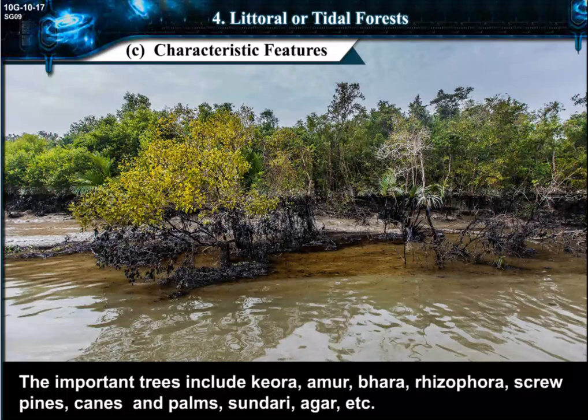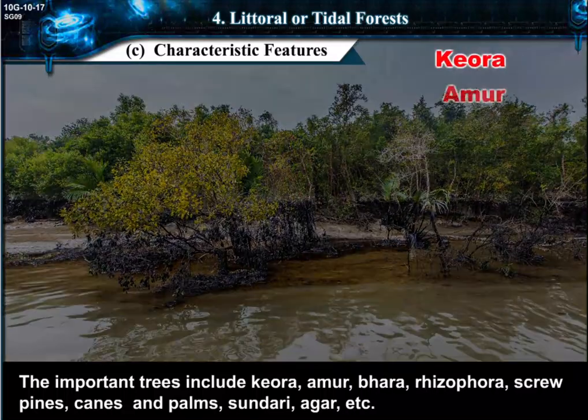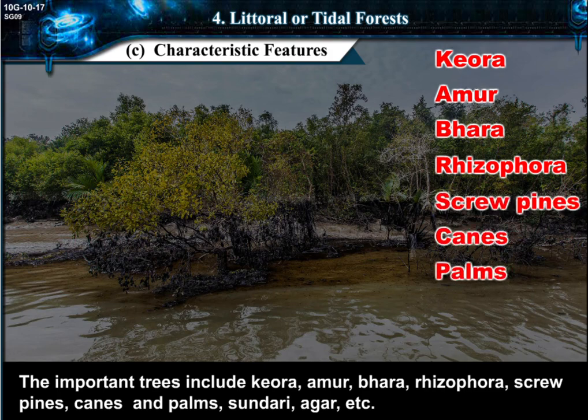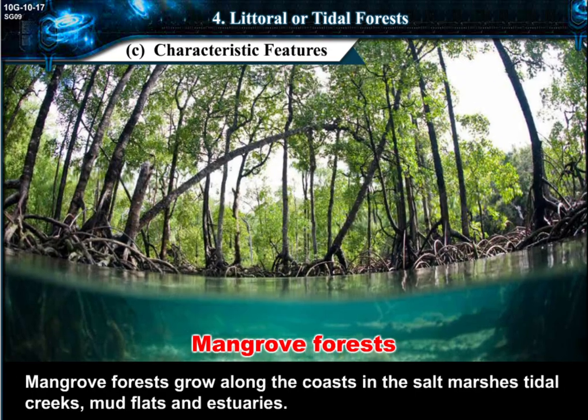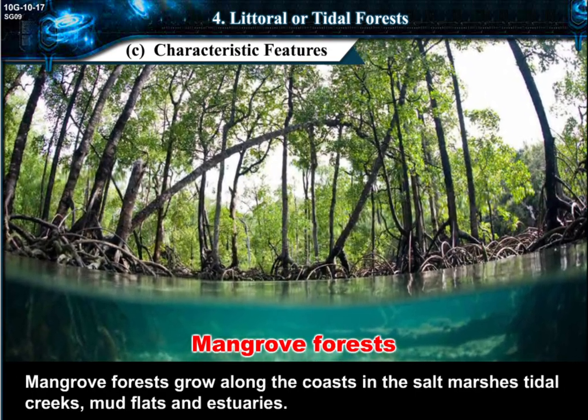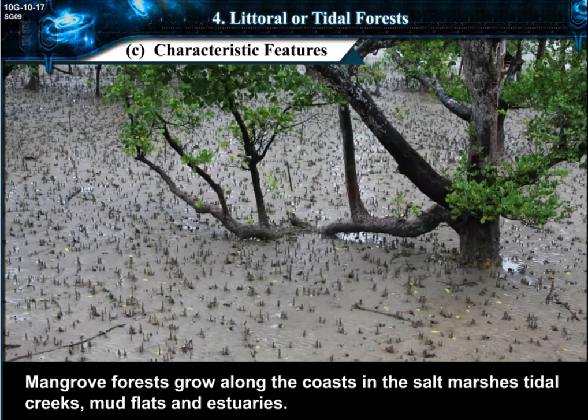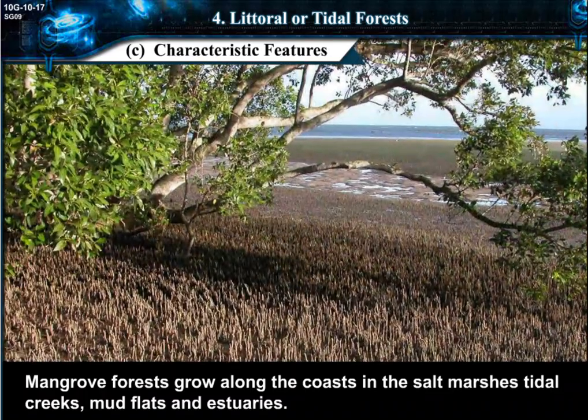The important trees include keora, amur, bhara, rhizophora, screw pines, canes and palms, sundari, agar, etc. Mangrove forests grow along the coasts, in the salt marshes, tidal creeks, mud flats, and estuaries.